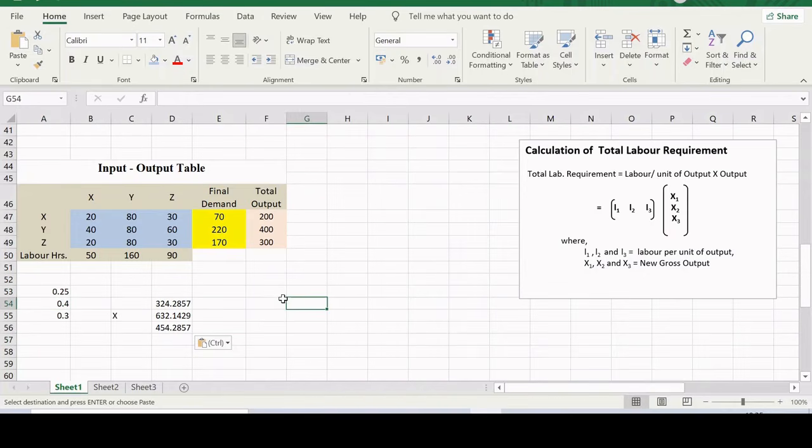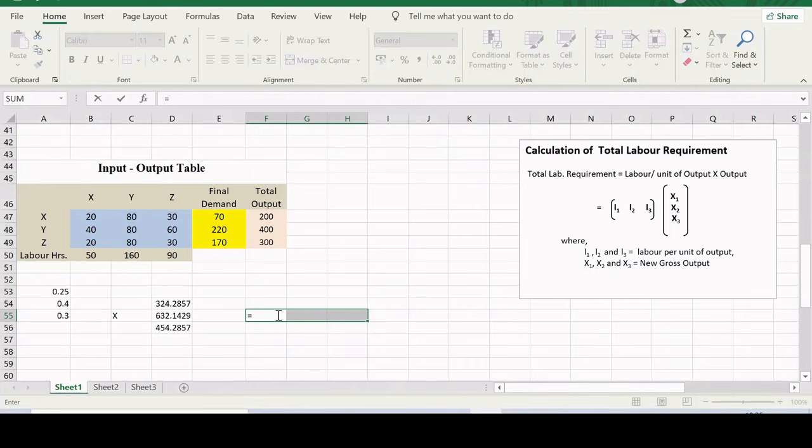The result of the transpose of the labor hours per unit of output matrix will be a matrix of order 1 into 3. So I have selected the range for a 1 into 3 matrix, and to find the transpose we can use the transpose function, and now select the array or the matrix that we want to transpose, and to get the result press Ctrl Shift and Enter.